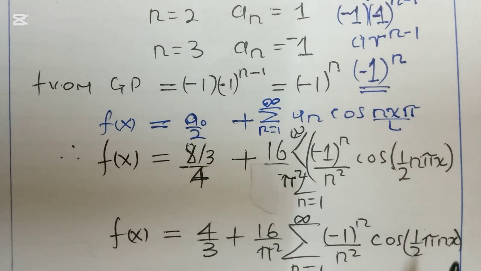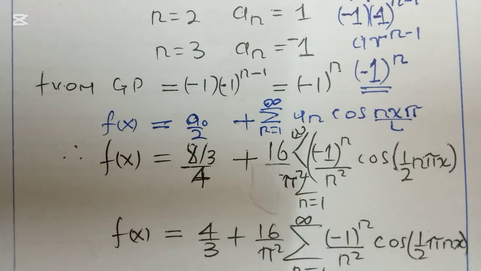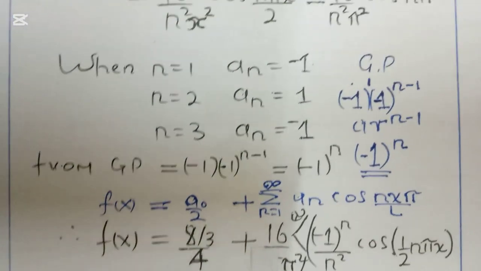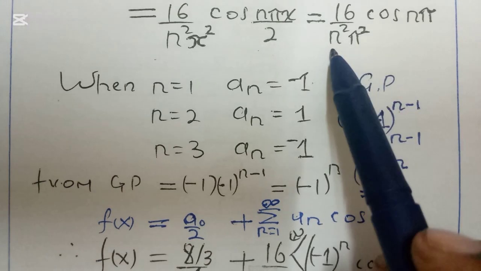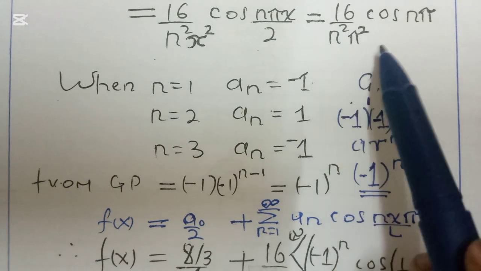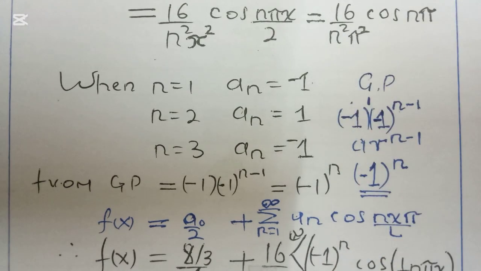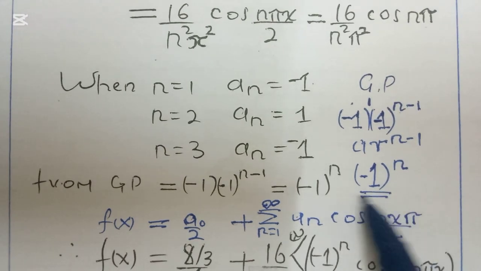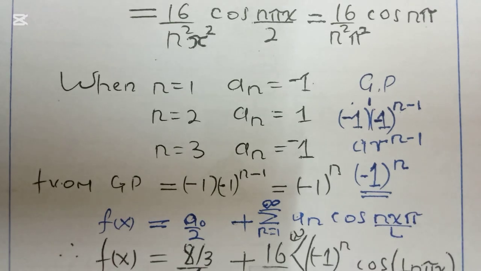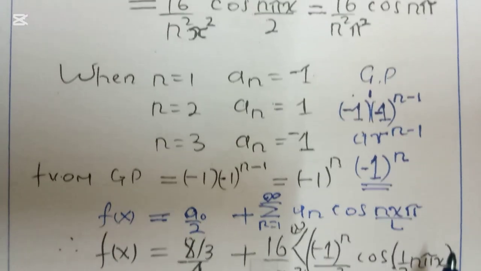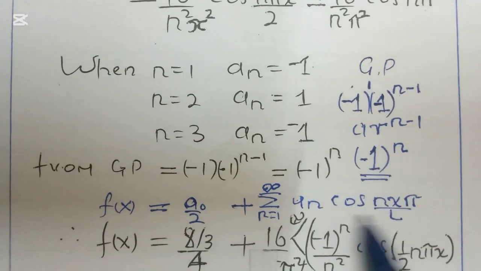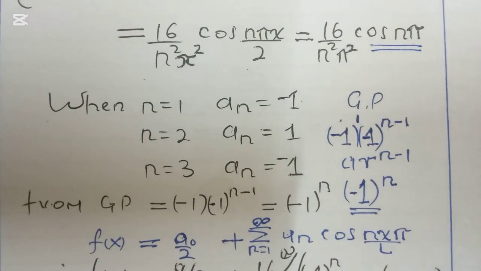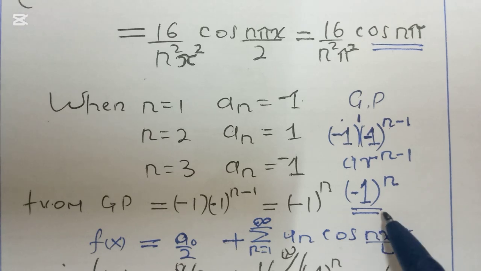Now we fit what we have found there, guys. We have found the 16 is here. This is 16 all over n squared pi squared. But then for cos, it's going to be this. This is now going to represent the cos, and that's what I have done here. This is not this cos, it is actually this cos that is here. This cos is going to be represented by this.